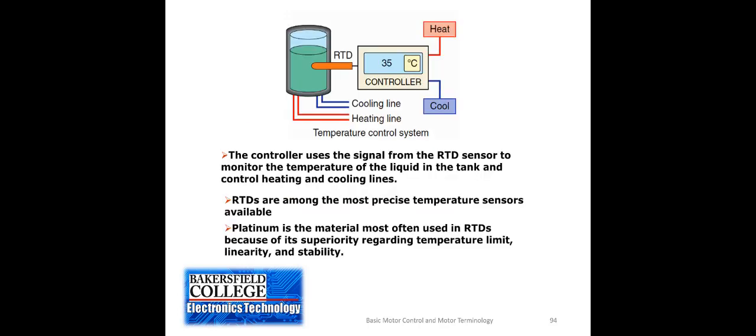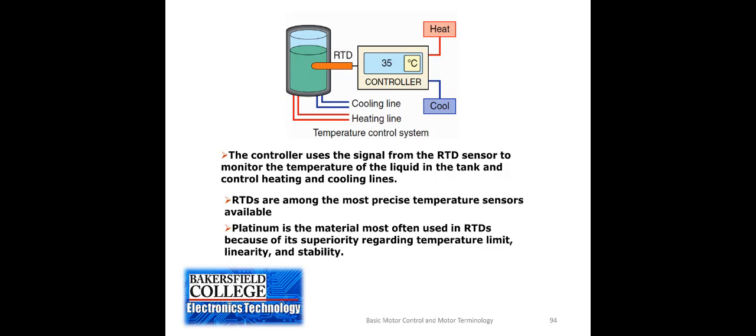Here's an example of an RTD used as a temperature sensor connected to a controller. So we can either heat the material or cool the material depending upon what temperature we're measuring.